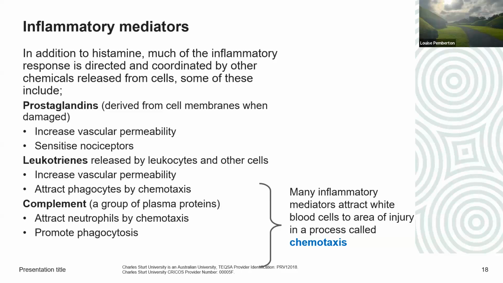So the white blood cells are out, and then they want to get to the infected area, let's say. The infected area might be due to bacteria that release toxins, and those toxins are chemicals, right?